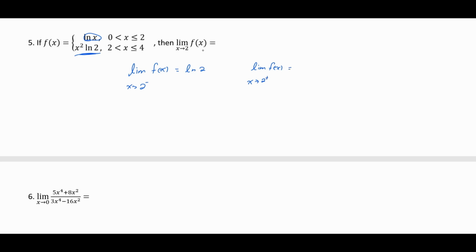That's going to be our second equation, so that's going to be 2 squared natural log 2. And that's going to simplify to 4 log 2. 4 log 2 is not equivalent to natural log 2. The limit of f of x as x approaches 2 does not exist, because the left hand and the right hand limit are not the same.